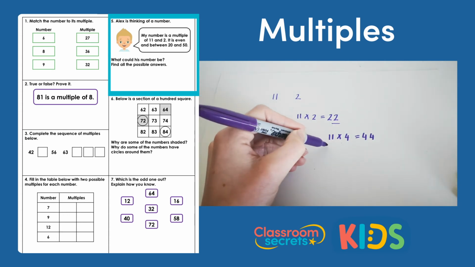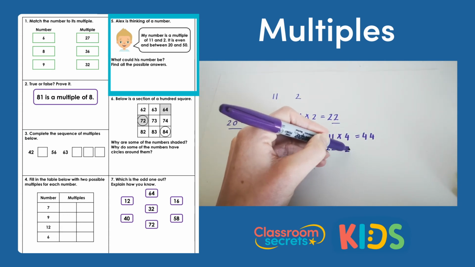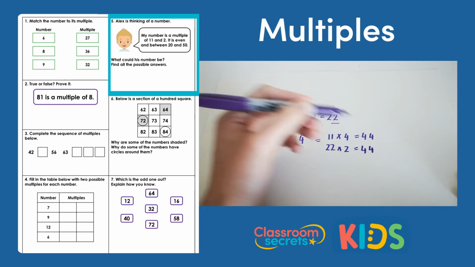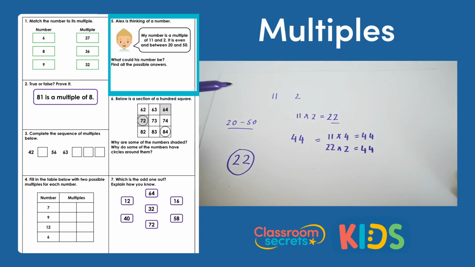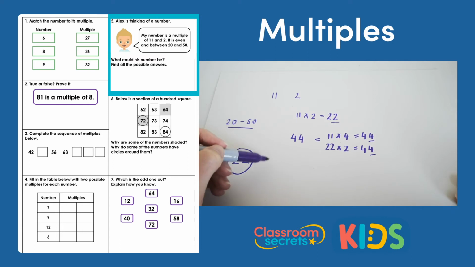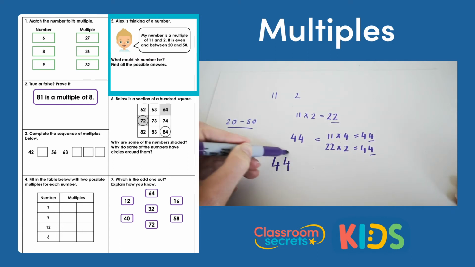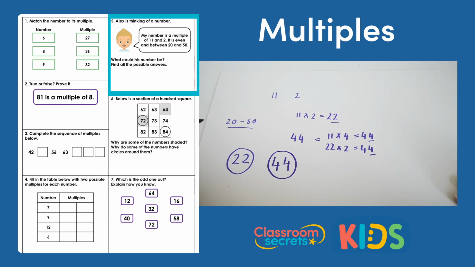But I also know that 22 times 2 is 44. 44 is also an even number because it ends in a 4 and it lies between 20 and 50. So Alex could also be thinking of the number 44.